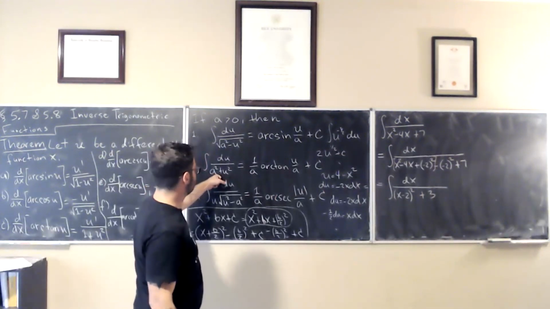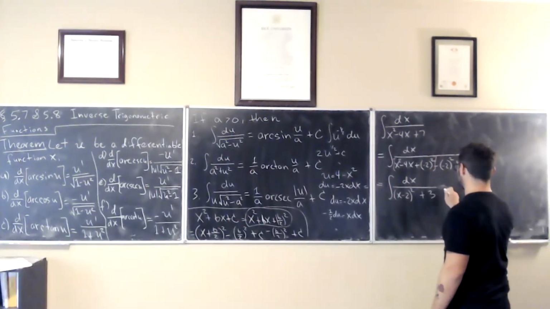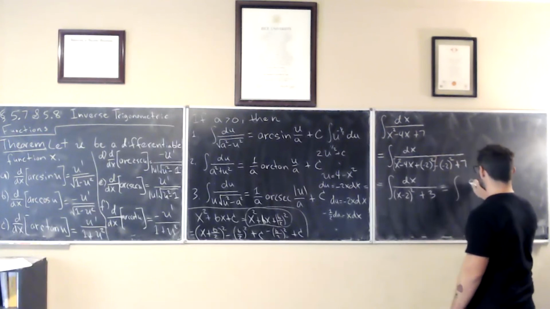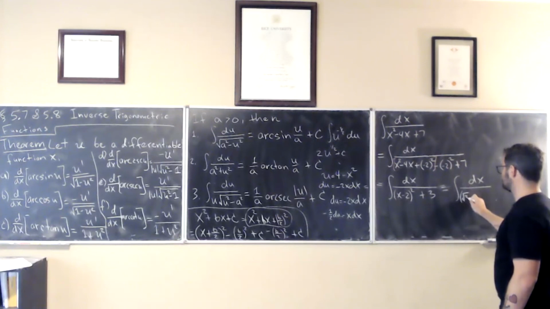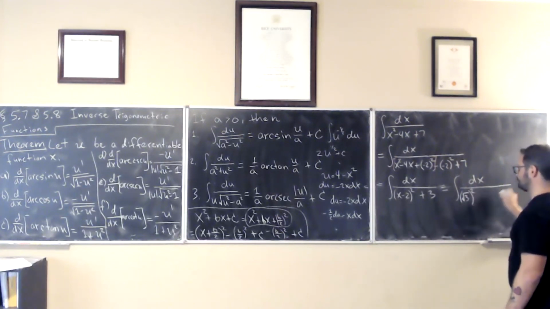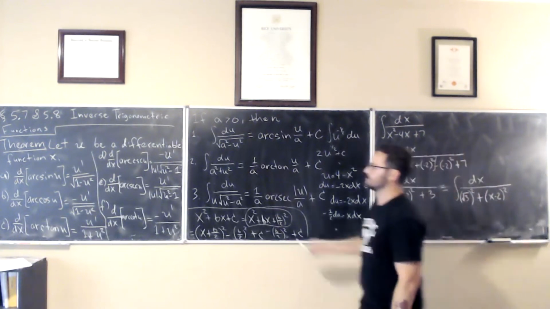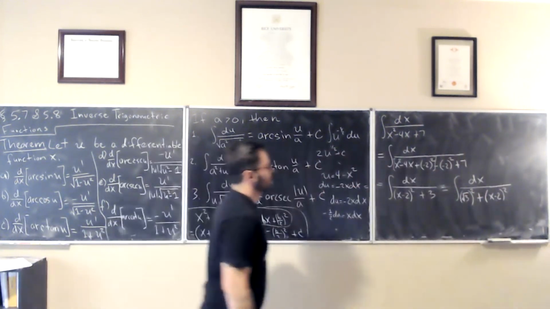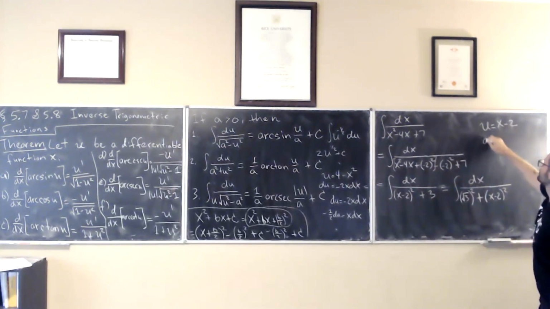It looks like we can rewrite it to look like the arctangent version that we want. Say root 3 all squared plus x minus 2 all squared. And now x minus 2 is your function u. So if u is equal to x minus 2, then du is equal to dx.